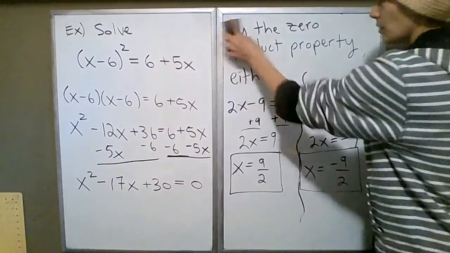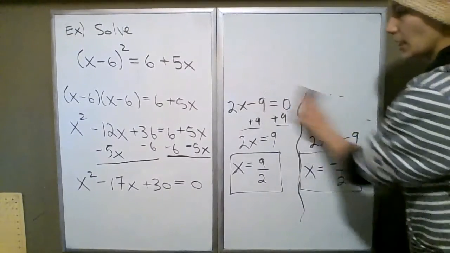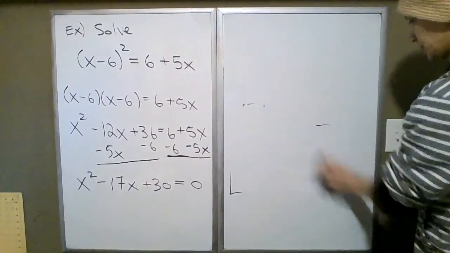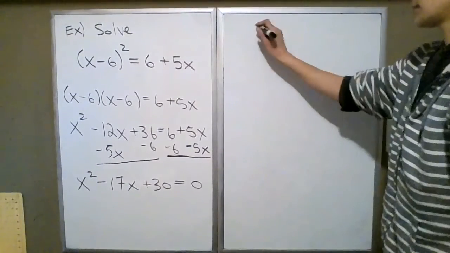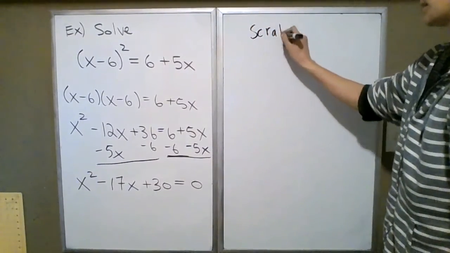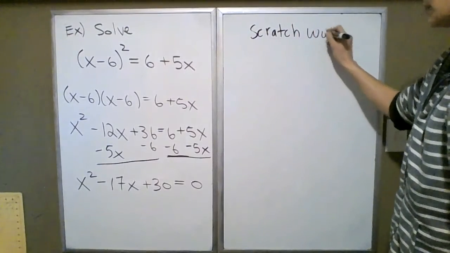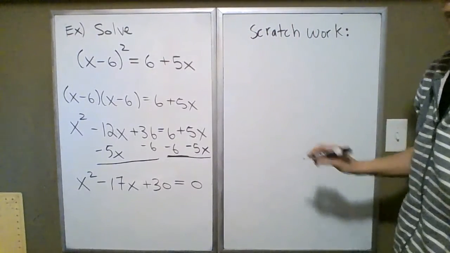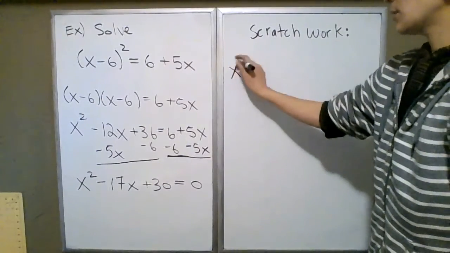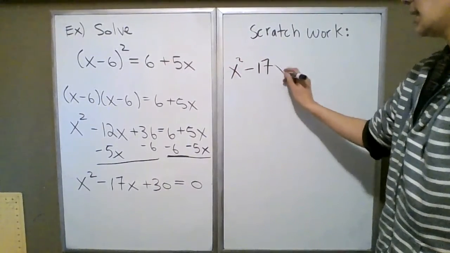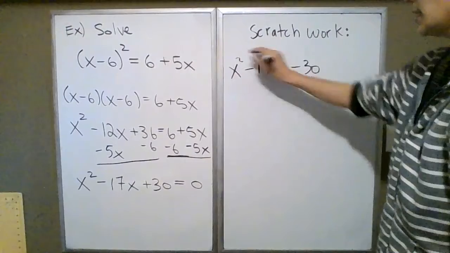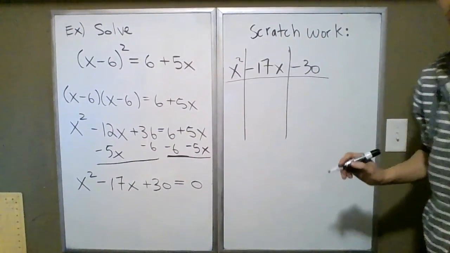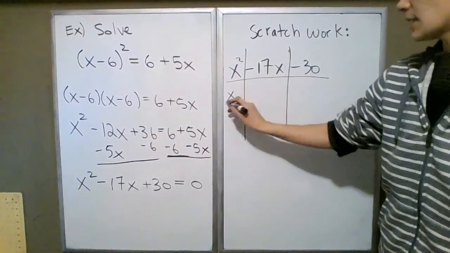So this is scratch work over on the side, just to factor x squared minus 17x plus 30. For x squared, I'll use x times x.